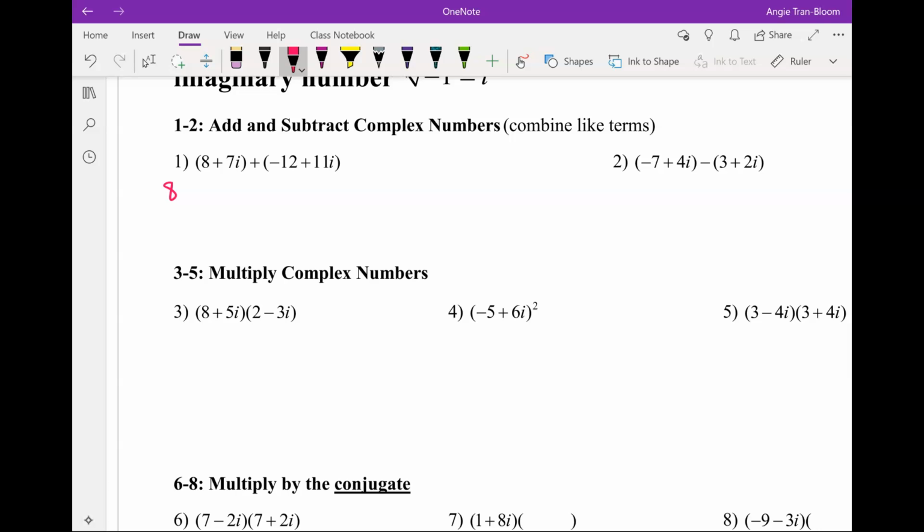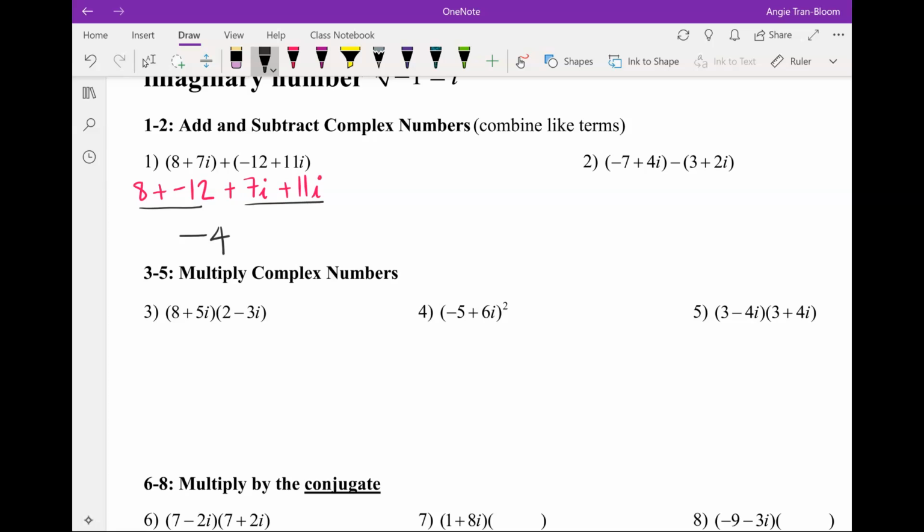And then negative 12 plus 11i, I'm going to write the negative 12 next to the 8 because I'm going to have to combine those in a little bit. Then can you guys see that now I'm just going to write the 7i over here with the 11i. So you may combine the real numbers and you may combine the imaginary. So 8 plus negative 12 is going to give us what?